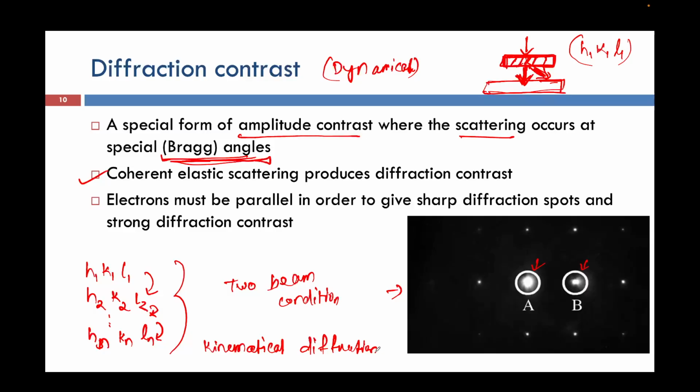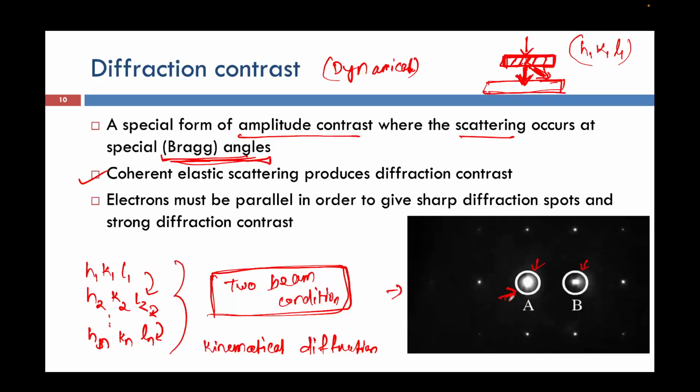So to study this dynamical diffraction contrast, there is the theory called the two beam condition. In the two beam condition, we take one strong beam, the direct beam, which is the strongest beam in our diffraction pattern, and we tilt our specimen in such a way that there will be one more strong beam in our diffraction pattern.